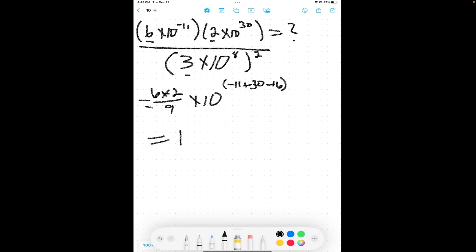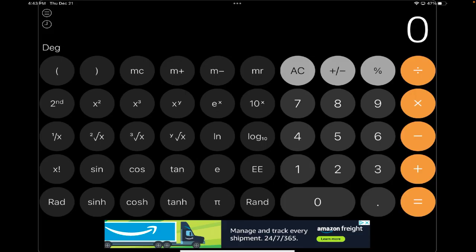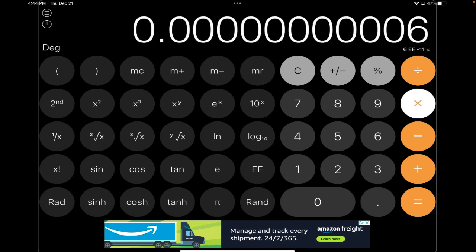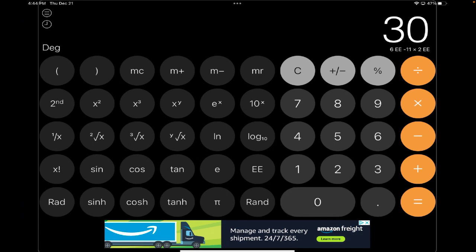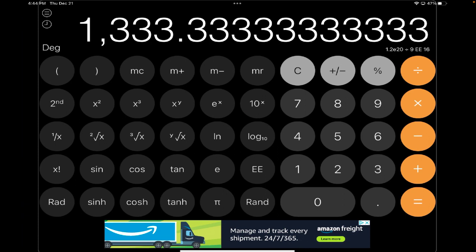And that equates to about 1.3 times 10 to the 3, or in standard notation, 1300. Let's go ahead and verify this one as well. 6 times 10 to the minus 11 times 2 times 10 to the 30 divided by 9 times 10 to the 16. And we verify our answer that was about 1300.